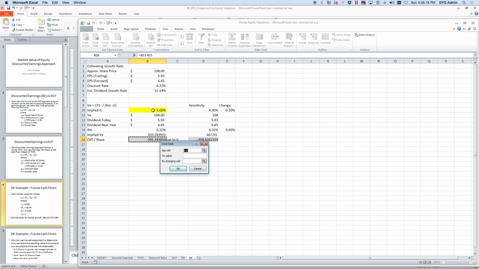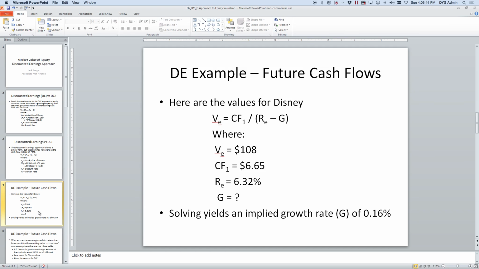We're going to set the difference between the 108 that we know the current price is and the 503 price that's being estimated based on a 5% growth rate. That's a $395 difference. We want it to be 0, so goal seek, we're going to take that value, set it to 0 by changing this growth rate. And when we do that, we get a growth rate of 16%, or 0.16%, sorry. So you see that there.